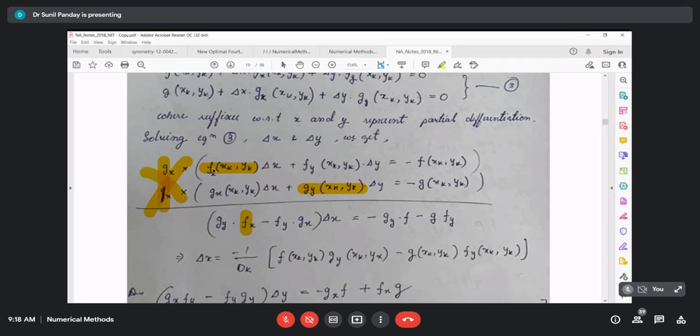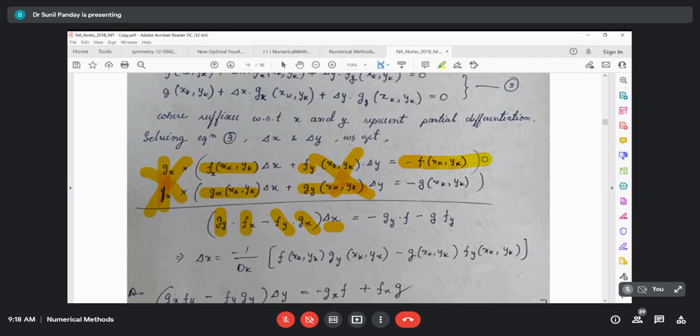Then we have multiplied this to equation 1. So instead of writing the full form like gy(xk, yk), we have written gy here. So gy here is not simply gy, it's gy at the point xk, yk. Similarly, we multiply fy to this second equation. So this is fy(xk, yk) and gx(xk, yk) already here, and delta x is common, and this term will cancel out when we subtract.